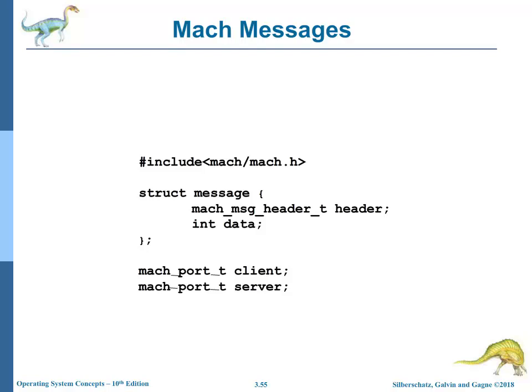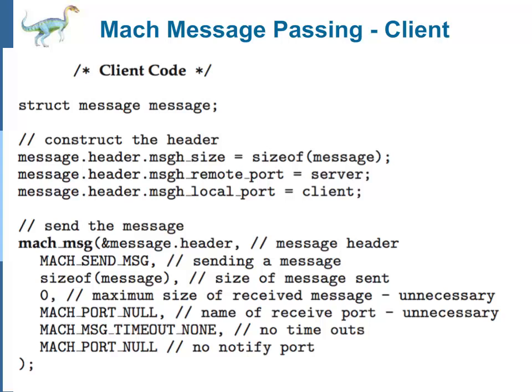mach_port_t client. So we use the API to create a port for the client. The name is client. Then we also create the server port. This part of the code is for the client. First, struct message: we have a variable called message, and the type is a Mach message.